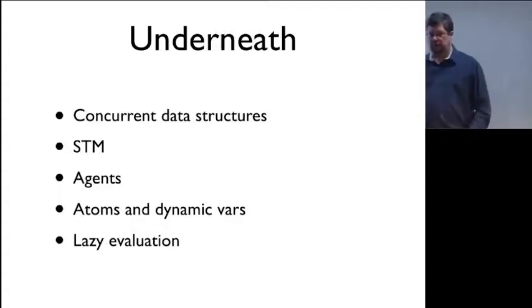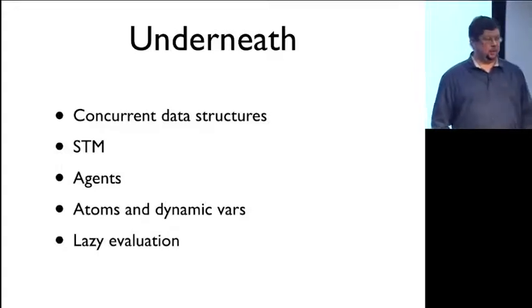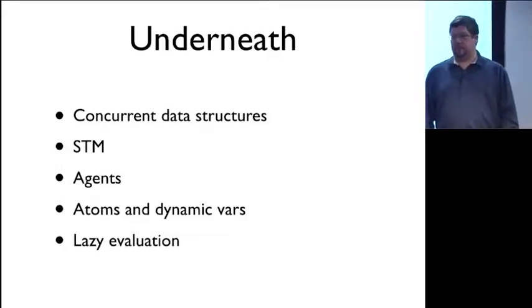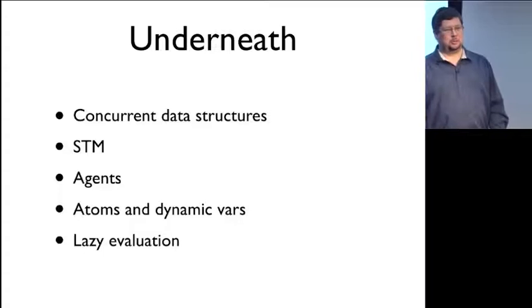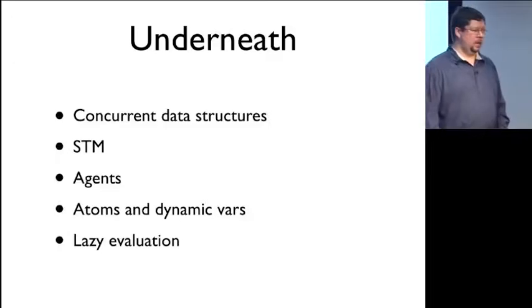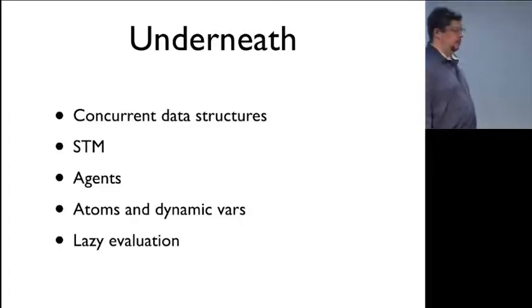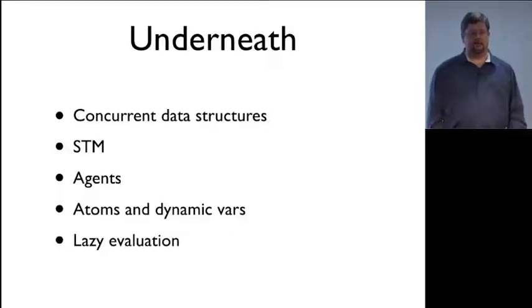That works really well. One of the keys to that is the nifty concurrent data structures. If you're not allowed to ever mutate a hash or an array or a vector or any of those things, every time you want to add something to a hash, you have to create a new one that's a copy of the old one and then add the new stuff to it. That could potentially be very slow, but Rich Hickey implemented some very sophisticated concurrent data structures that make duplication and incremental changes very cheap, both in terms of speed and in terms of memory.